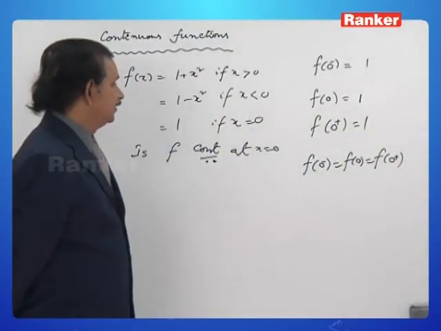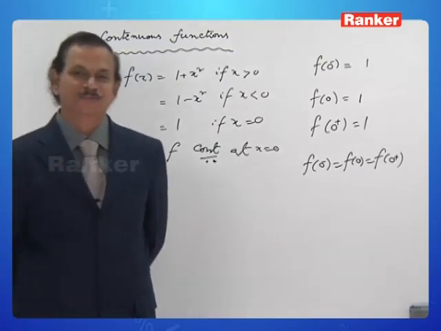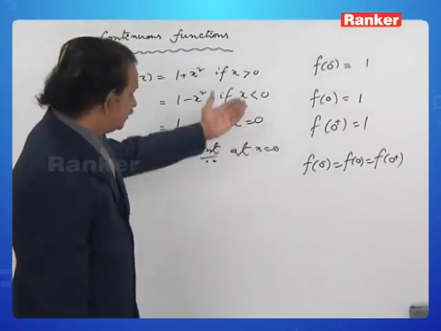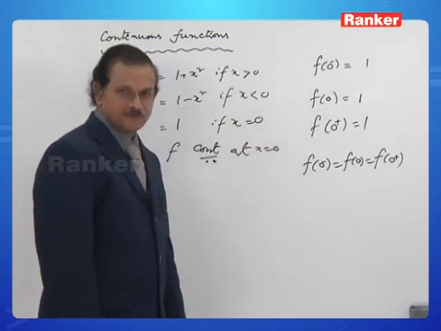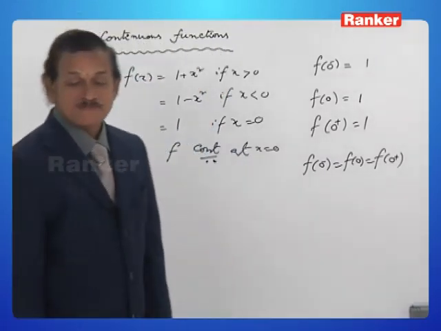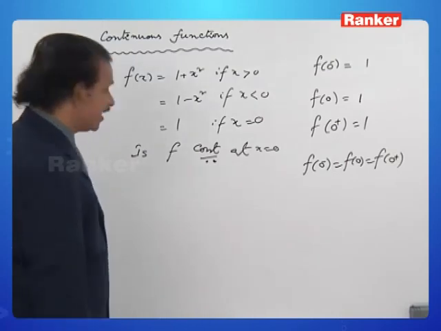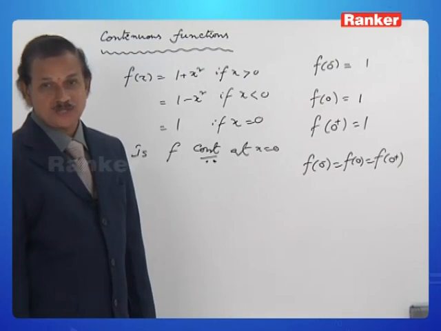So it has turned into a continuous function at x equal to 0. All the three values have become equal. F of 0 from left, f of 0 and f of 0 from right, they are equal. Therefore, we declare that the function f is continuous at x equal to 0.